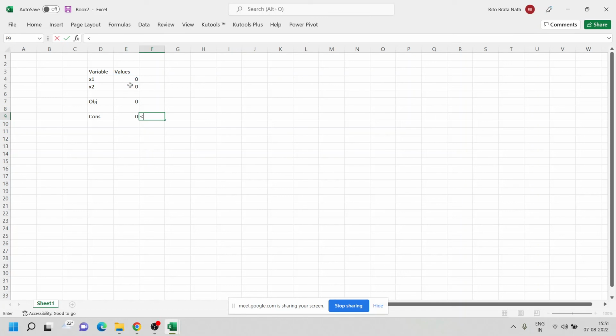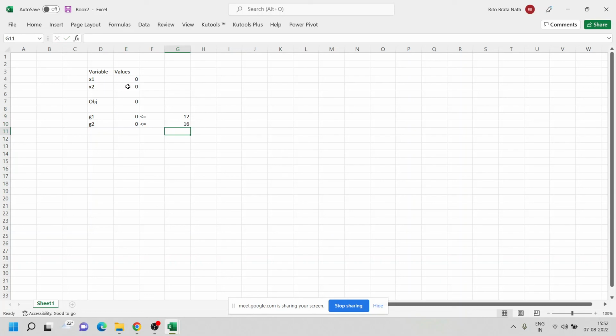So this will be less than equals to 12. Let's name it as G1. Then G2 will be twice of x1 plus x2 less than equals.